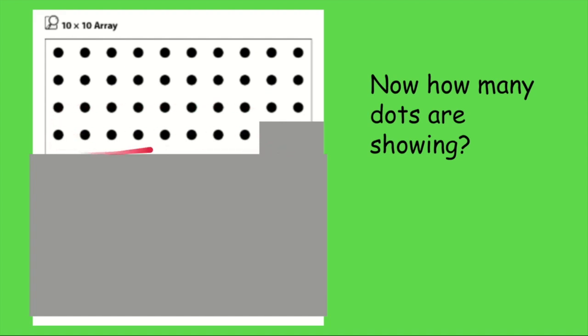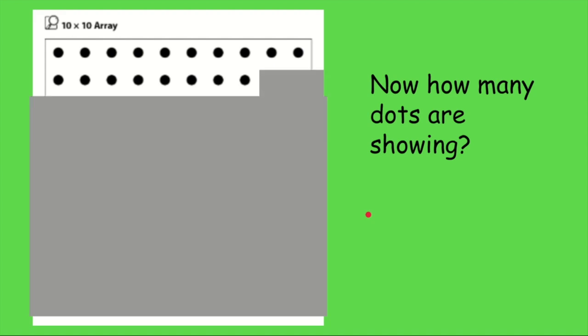Ooh, how many are here? If I know that there are 10 in the row and I can see 2 of them are covered up, how many does that leave in my row? You could count 31, 32, 33, or if you thought 2 less than 10 is 8, then you know it's 38.